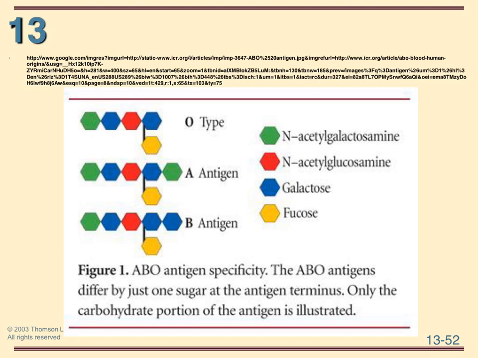O is missing that sugar completely, but A has an N-acetylgalactosamine and B is just a galactose. So B is missing the amino group and the acetyl group, and that's the only difference between the two. And that's what can literally cause the difference between life and death.